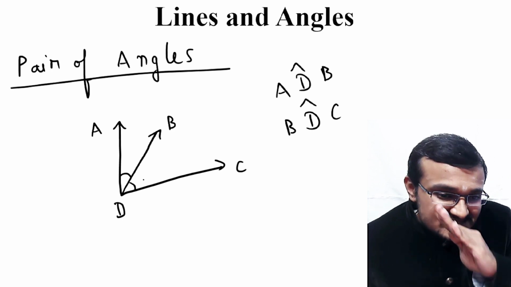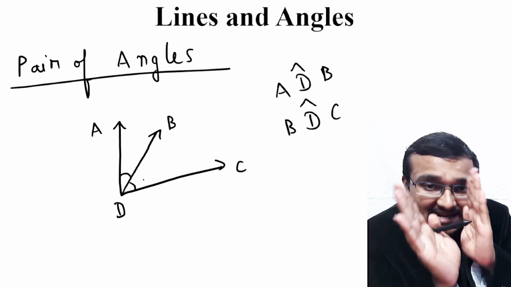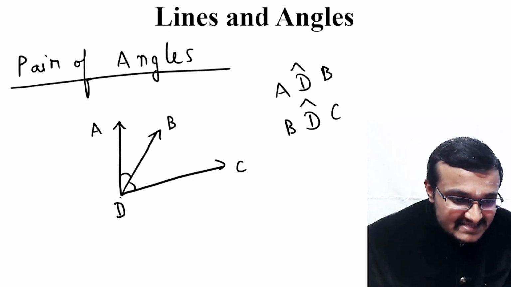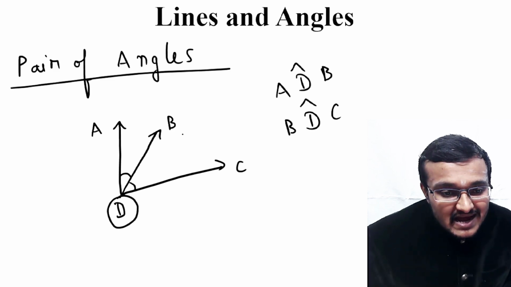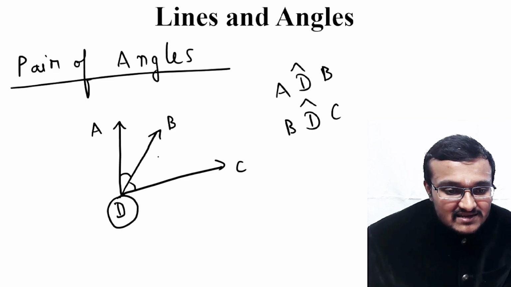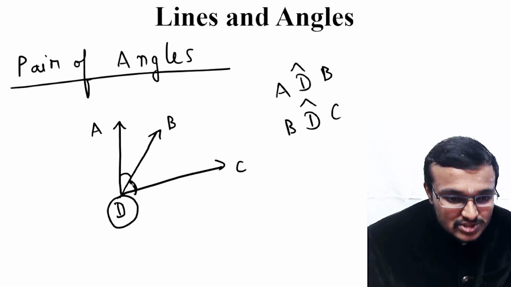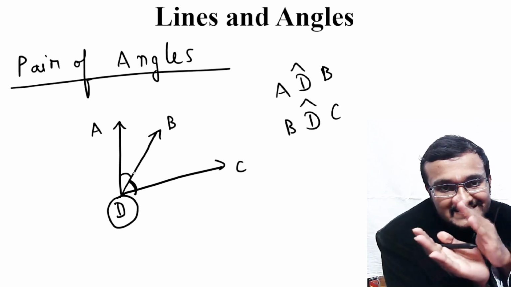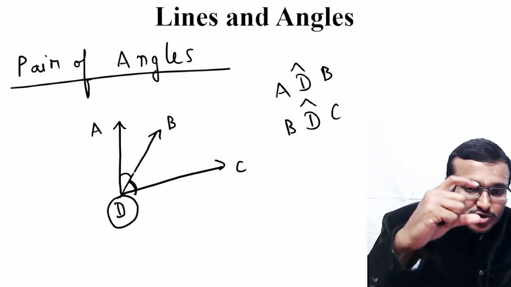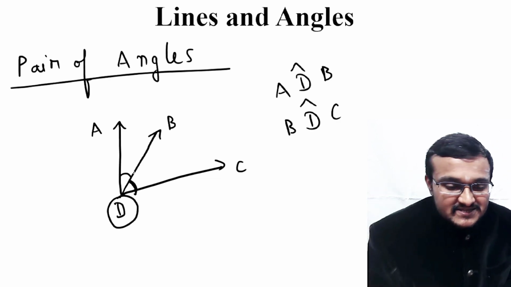And you can clearly see the angle ADB has D as its vertex, that is, the common meeting point of two rays. And the angle BDC is also having D as the common point. So that means D is acting as the common point for both ADB and BDC.